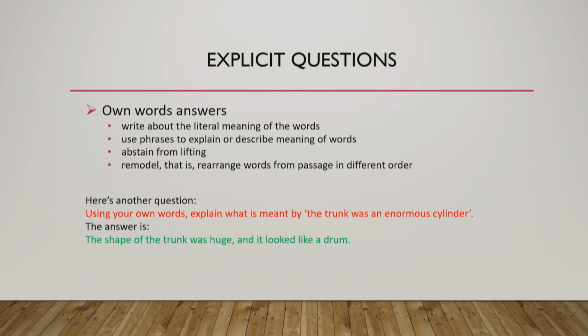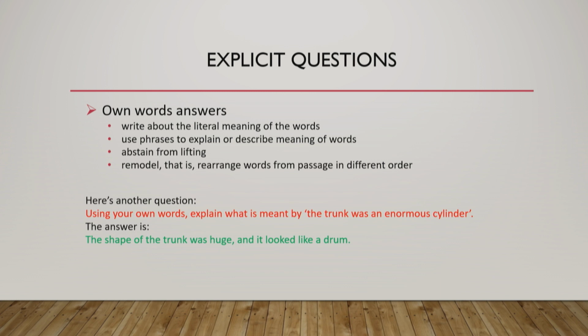A few questions require answering in your own words. Here, you can follow two easy steps. Firstly, write down the literal meaning of the words. And secondly, even if you cannot find synonyms, you can use phrases to explain or describe the meaning of words.